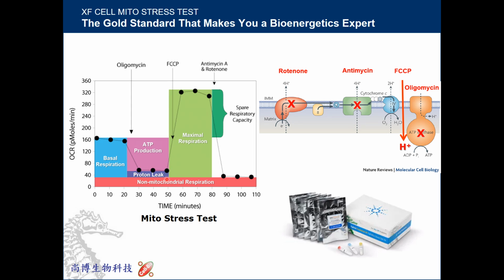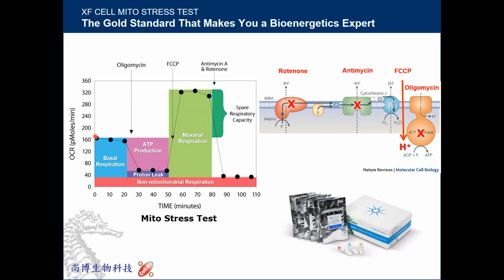If your proton leak increased, it means your mitochondria structural integrity is decreased, and it will also affect your ATP production ability because your proton will not come back from here. So it is very important to know the mitochondria.